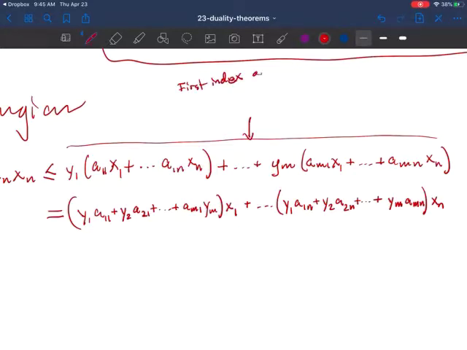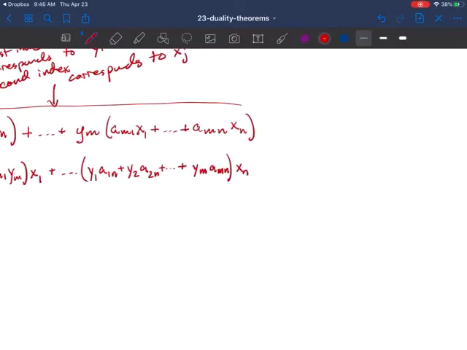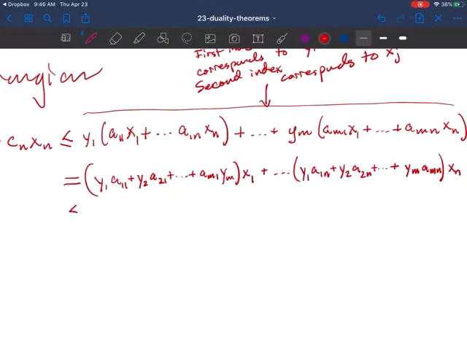The first index of aij corresponds to yi, and the second index corresponds to xj.